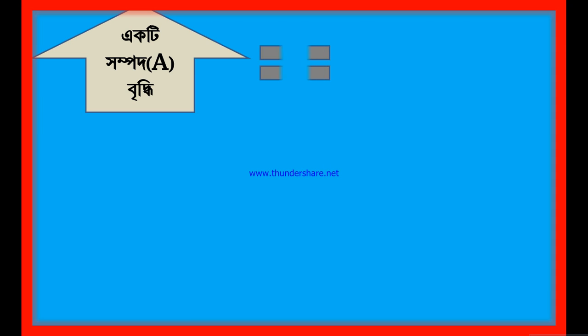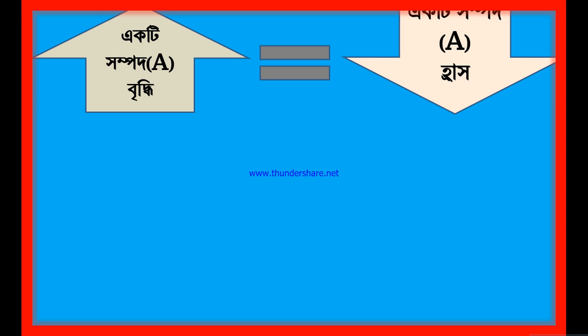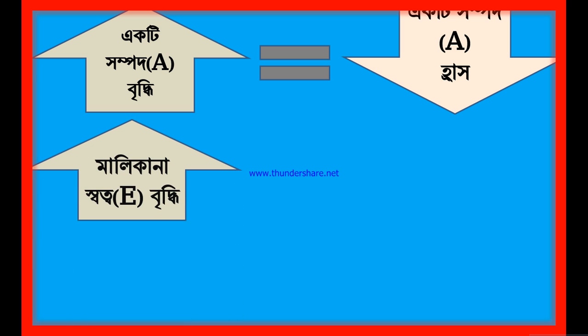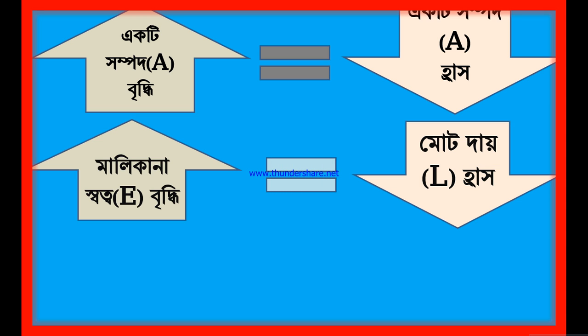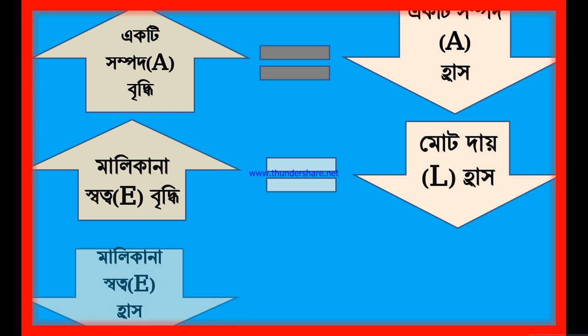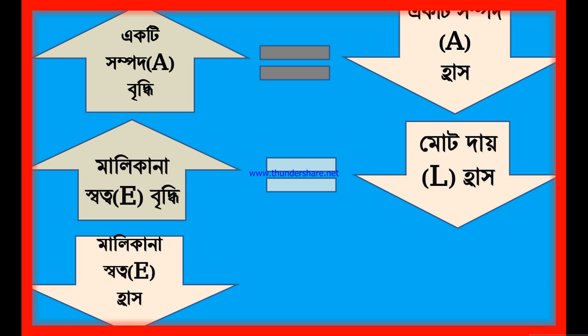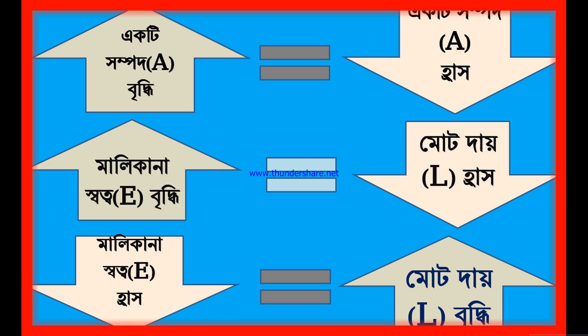If one asset increases, that means another asset will decrease, or if any equity increases, then liability will decrease. If equity decreases, liability will be increased.